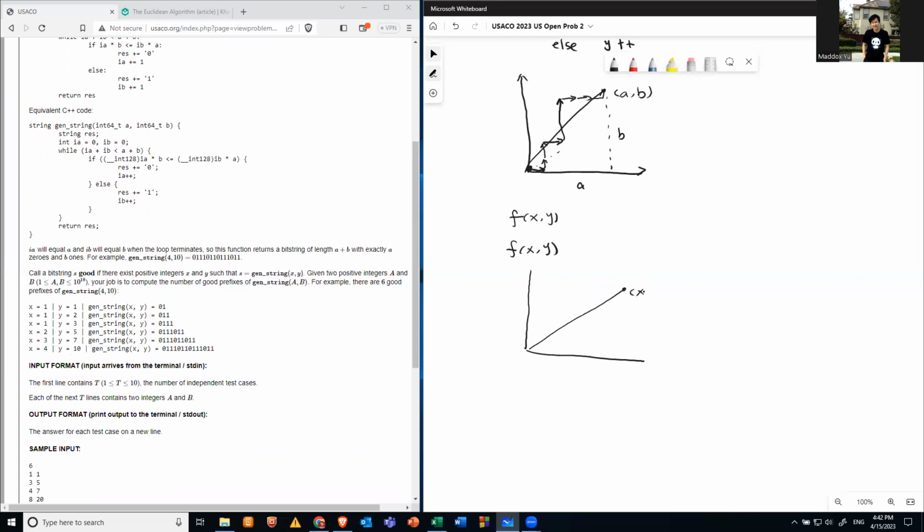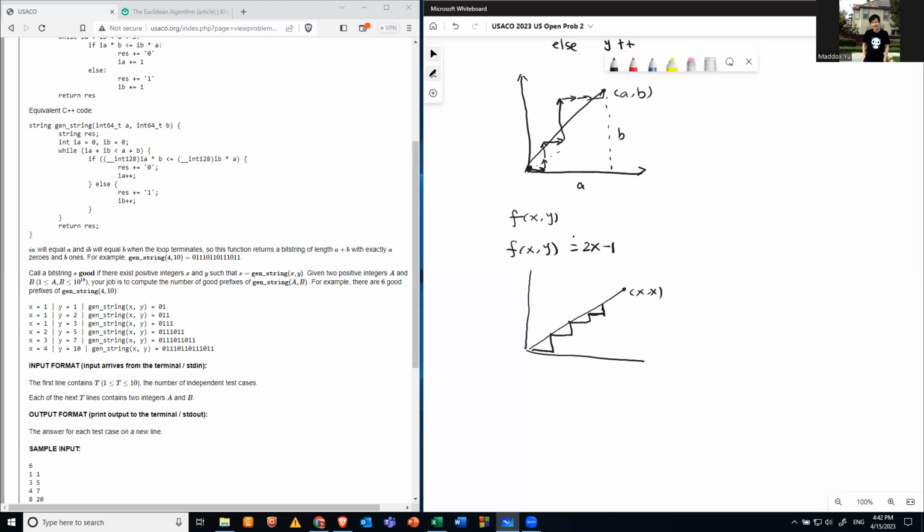So I basically just go here, here, here, here, and just keep going up. I'm not drawing exactly to scale, but you get the idea. So you can count it. This is basically 2x minus 1. So that's very easy to count.